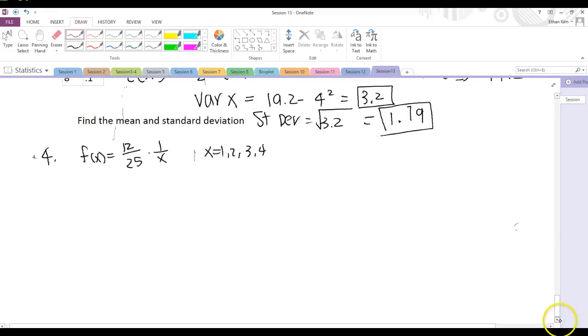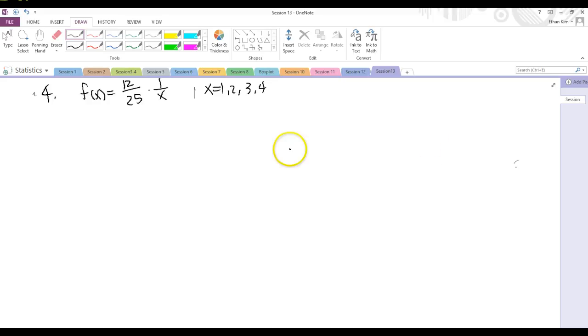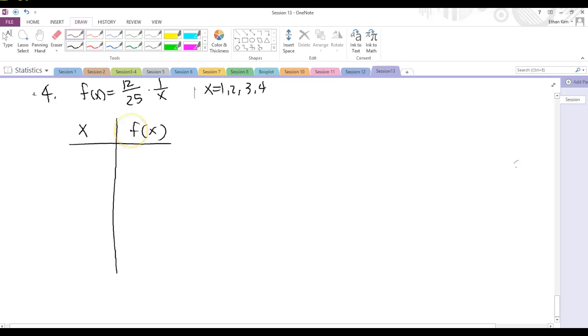So when we are given some kind of probability function, then we have to make a probability distribution first, right? So this is x, and this is f of x. Okay, so values are given as such: 1, 2, 3, 4.